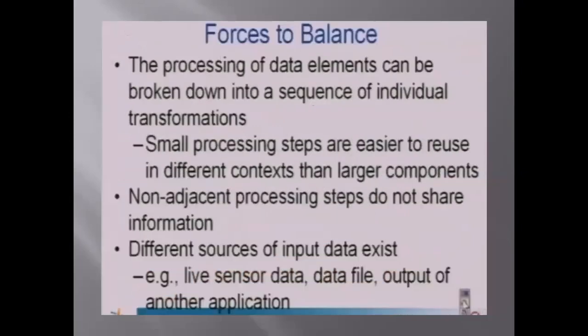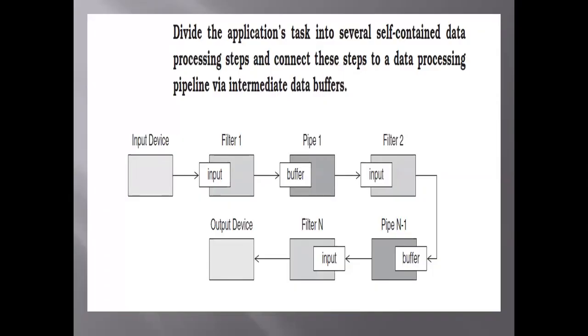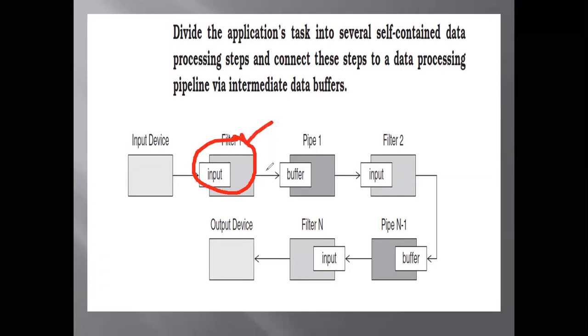Somewhat it will be like this: there will be some input device which inputs either a file or any other input from another application. Then there will be a filter which takes the input and does the processing or a computational task, and this pipe acts as a mode of transferring the data to another filter.